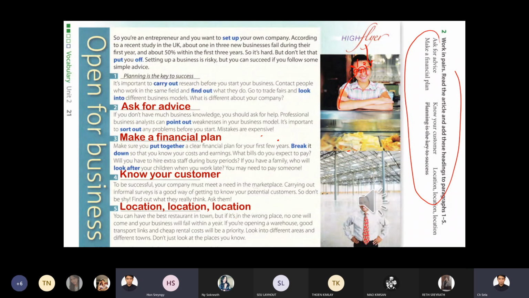Number two, ask for advice. If you don't have much business knowledge, you should ask for help. Professional business analysts can point out weaknesses in your business model.